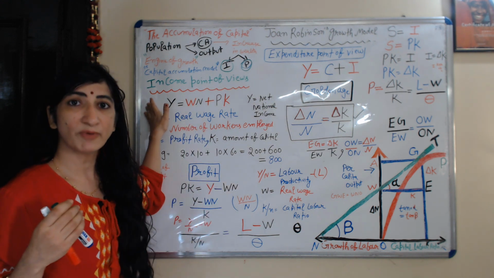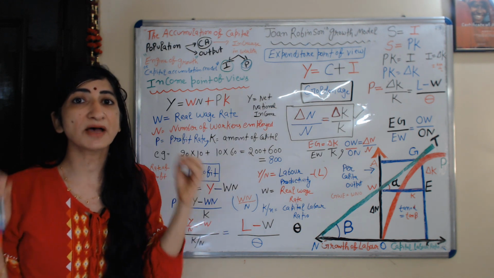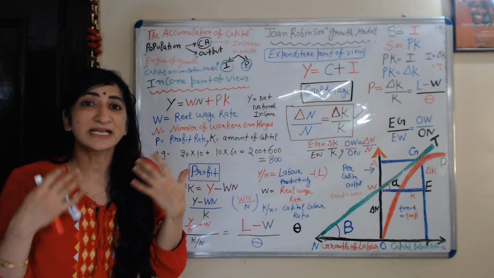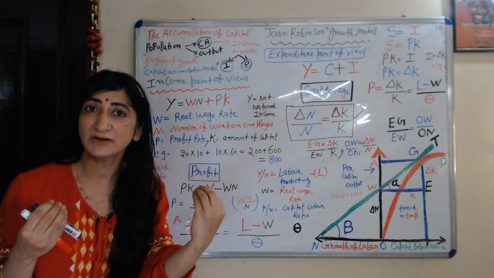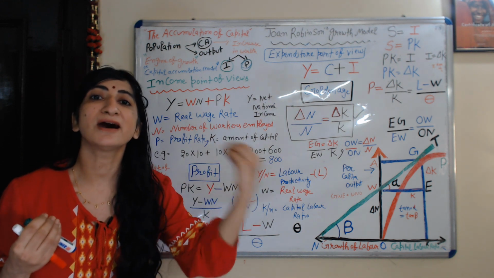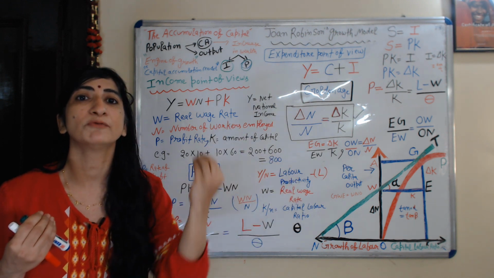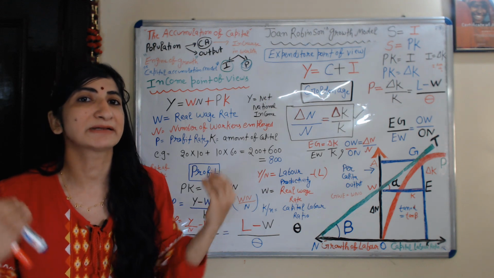Or we can say that national income of any economy depends on wage received by labor and profit earned by capitalist.